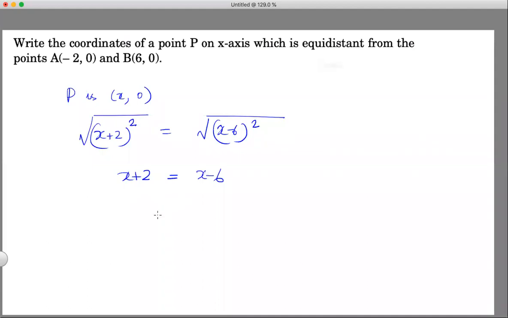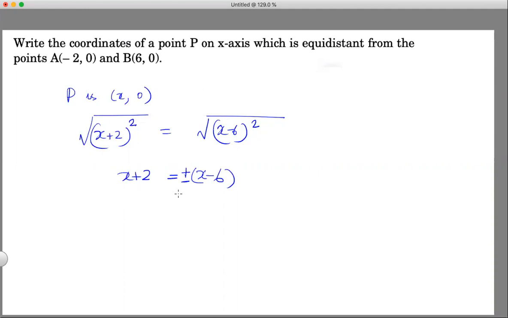And, sorry, actually plus minus, right? I missed that out.